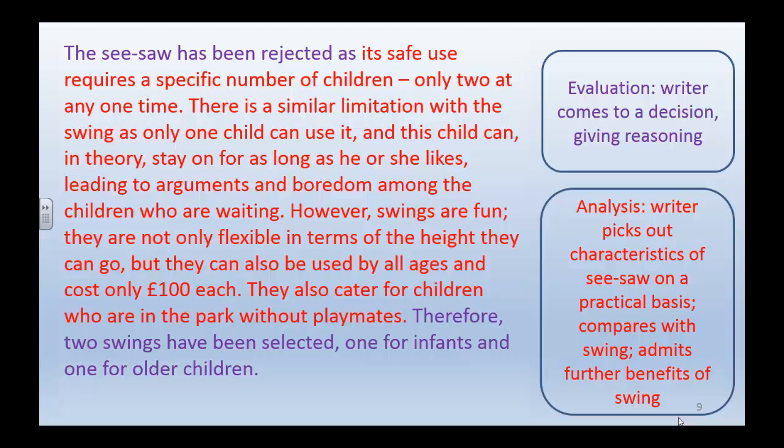It's true that children may get bored waiting for their turn, but the writer judges the swing's popularity and adaptability, even for very young children, to be of overriding importance, and so the decision is made to invest in 2 of these.